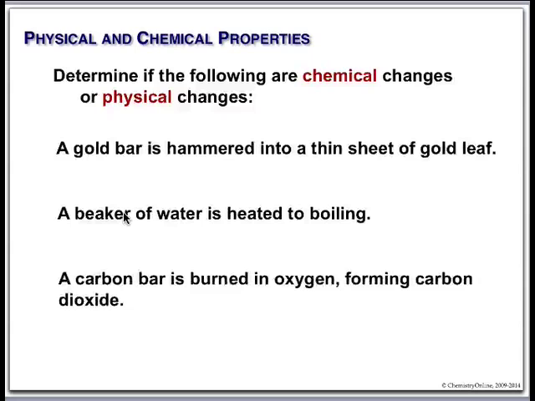Gold leaf. If you take gold, gold has the unique physical property of being the most malleable of all elements. You can actually take a chunk of gold and pound it down so it is literally just a couple atoms thick. It's amazing.